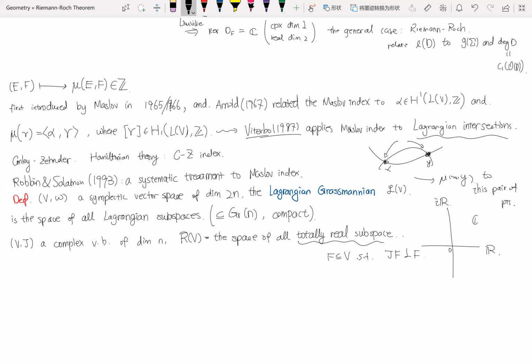In fact, in this case, any line, any one-dimensional subspace, is totally real.